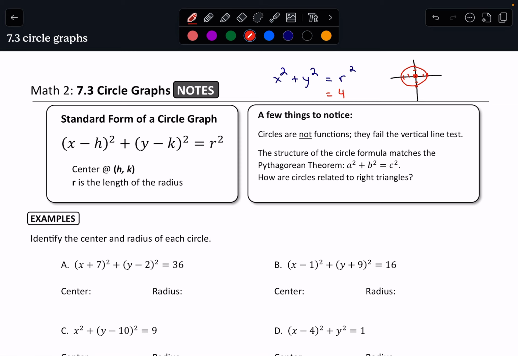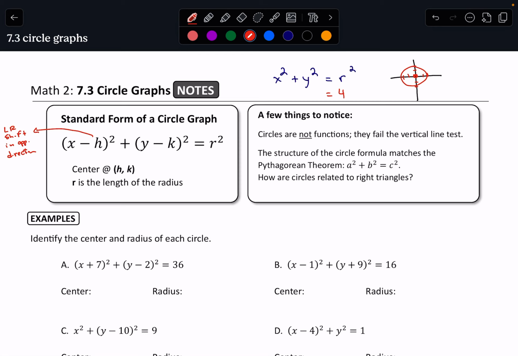So I'm going to draw an arrow from the h, and it's going to tell you this is the left and right shift in the opposite direction. Remember, that means if it's a +5, you are shifting your circle 5 to the left, not 5 to the right.